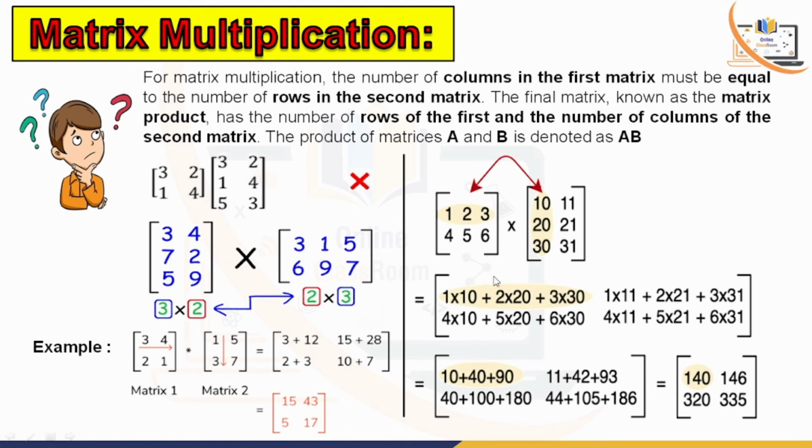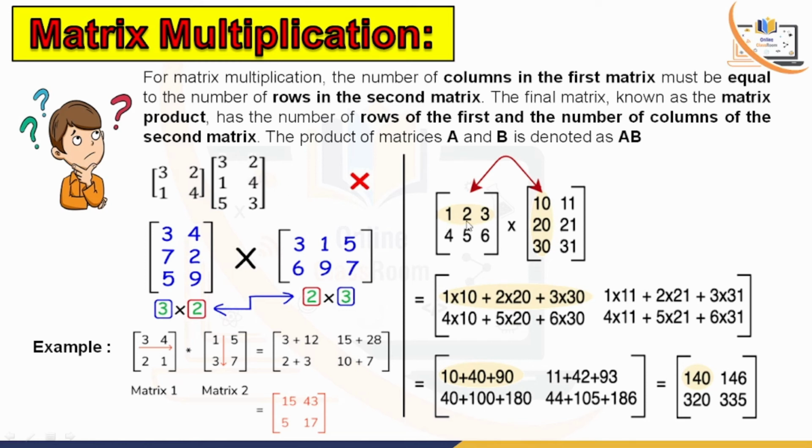Now if it is rectangular, look here we can observe that this is one of the rectangular matrices of order 2 cross 3. That means the number of columns is 3. But here the number of rows is 3 and columns is 2. So the corresponding column number actually matches the row number. So we can easily multiply it.